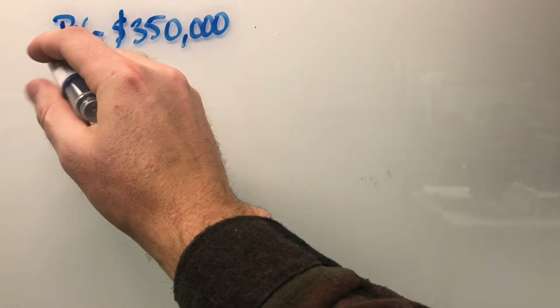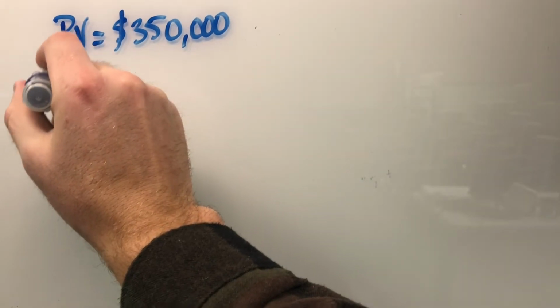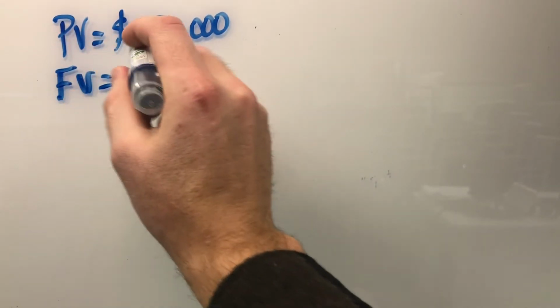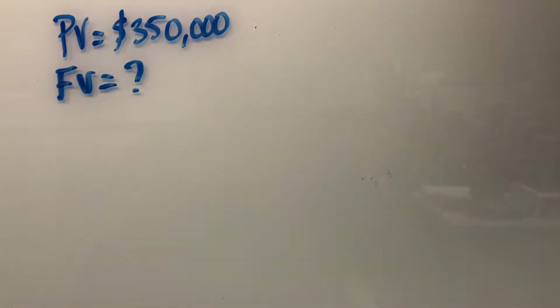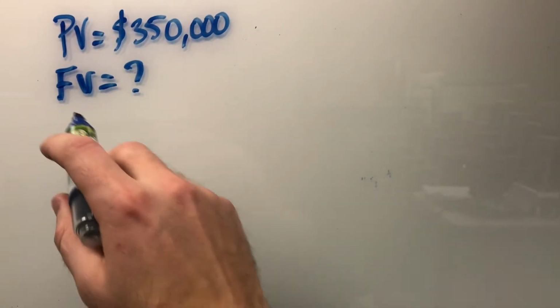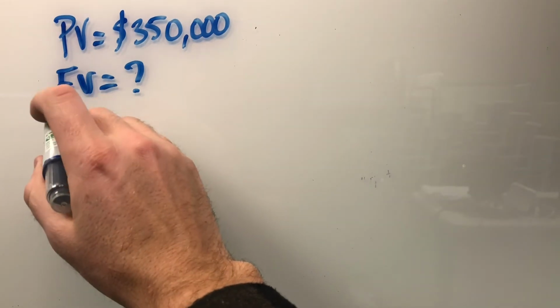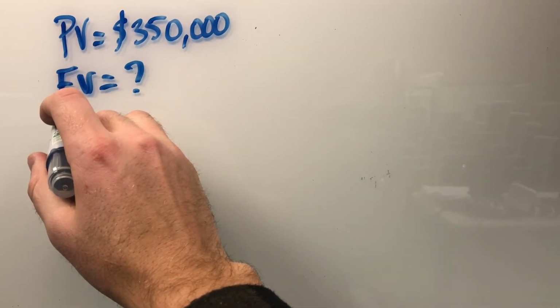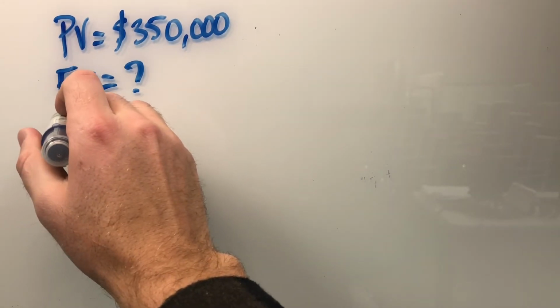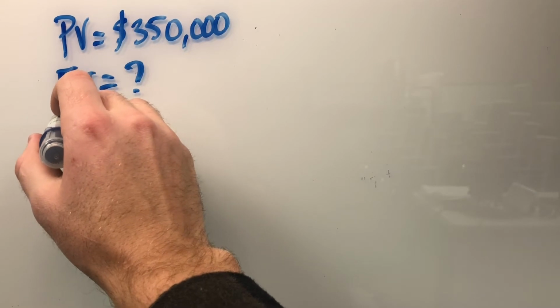But let's say we have a present value of $350,000, and we want to estimate what our future value will be in 1 year. So we'll put a question mark there. We believe that inflation for homes right now is actually at 6%. So let's just put our interest.